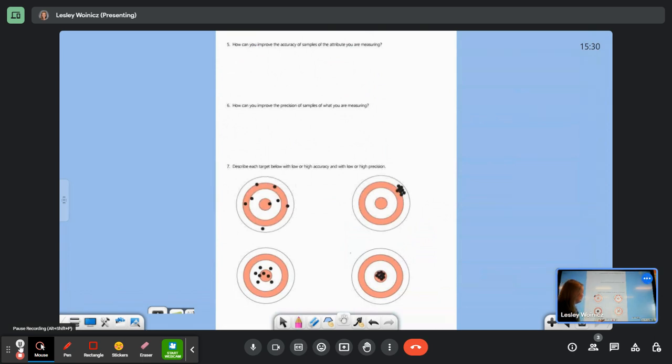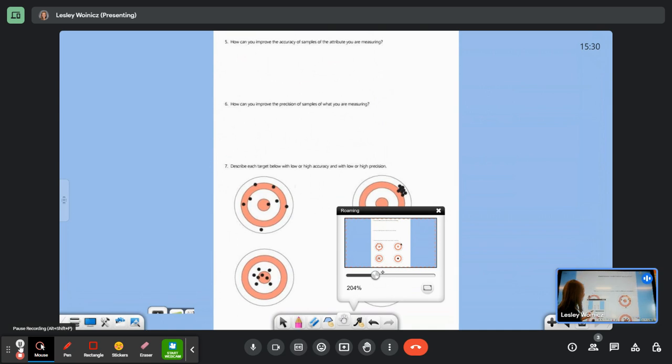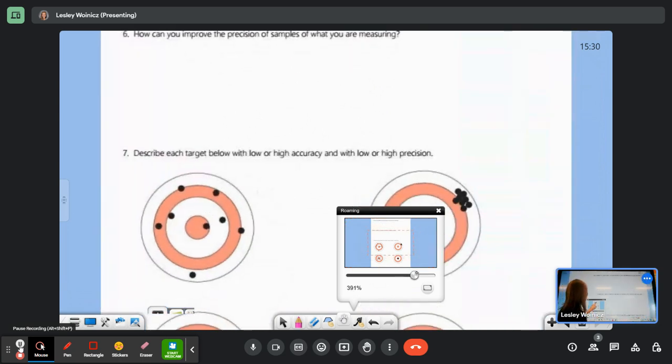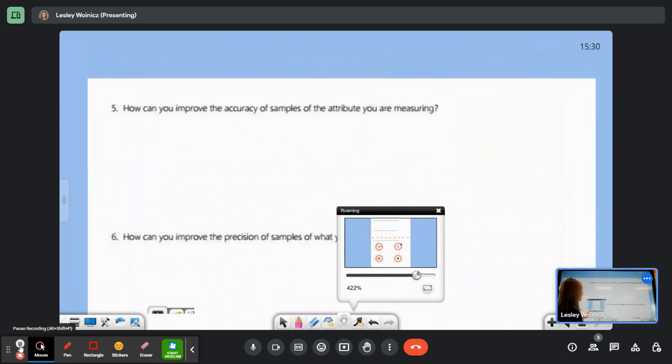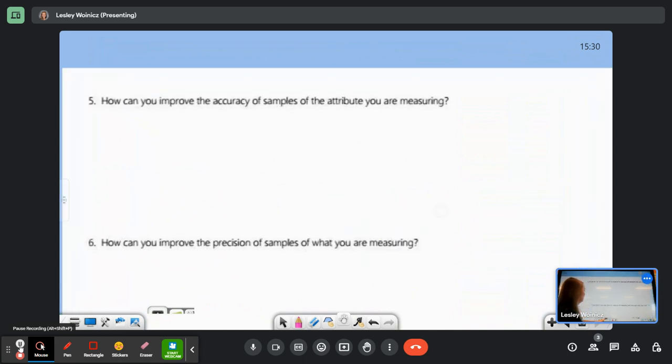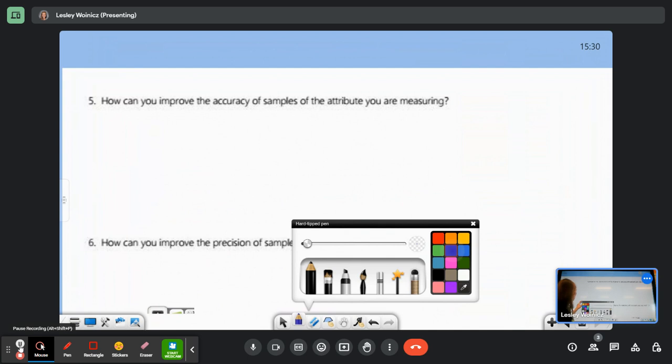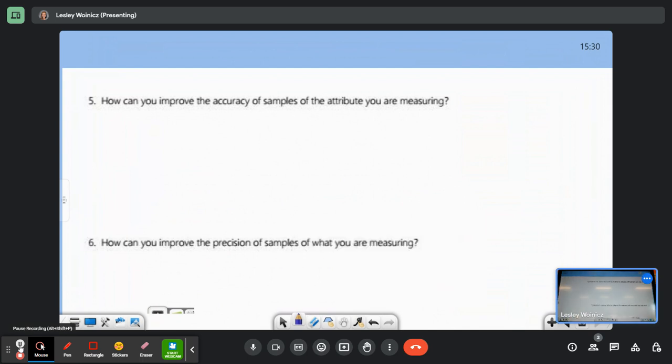How could you improve the accuracy of the samples for the attribute that you are measuring? Maybe by selecting every other word.